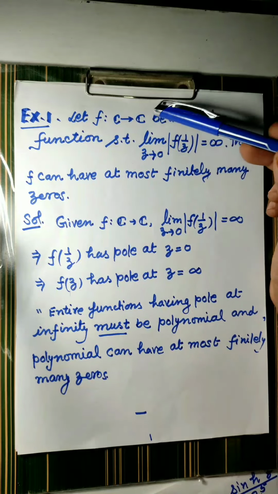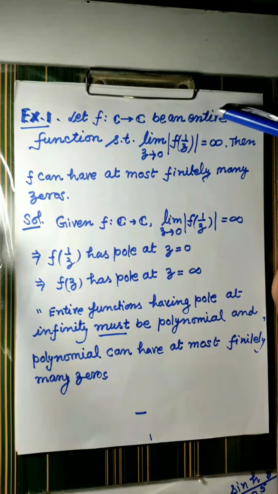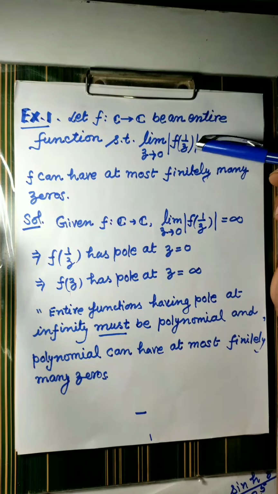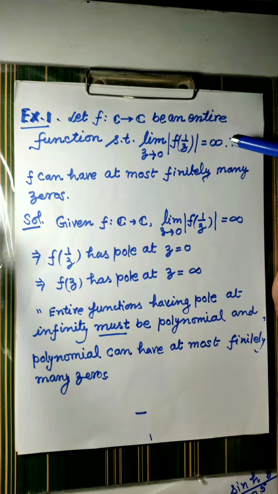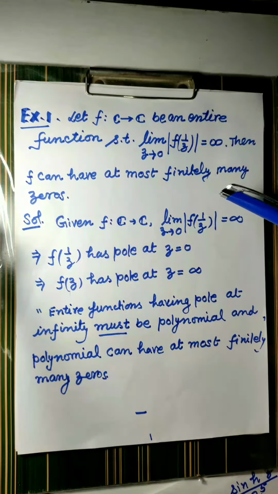It is given that the domain is the whole of C. Also, the limit as z tends to 0 of f(1/z) is infinity. Then f can have at most finitely many zeros.